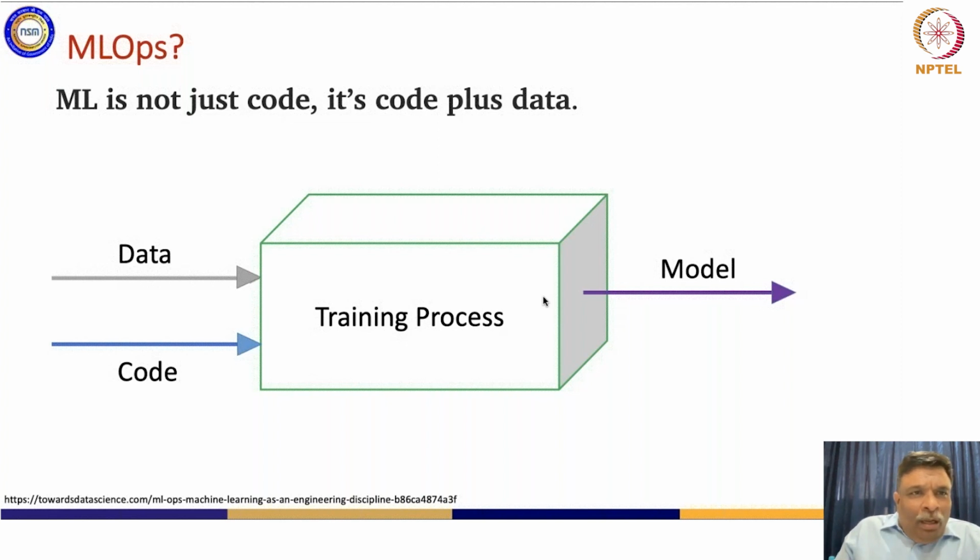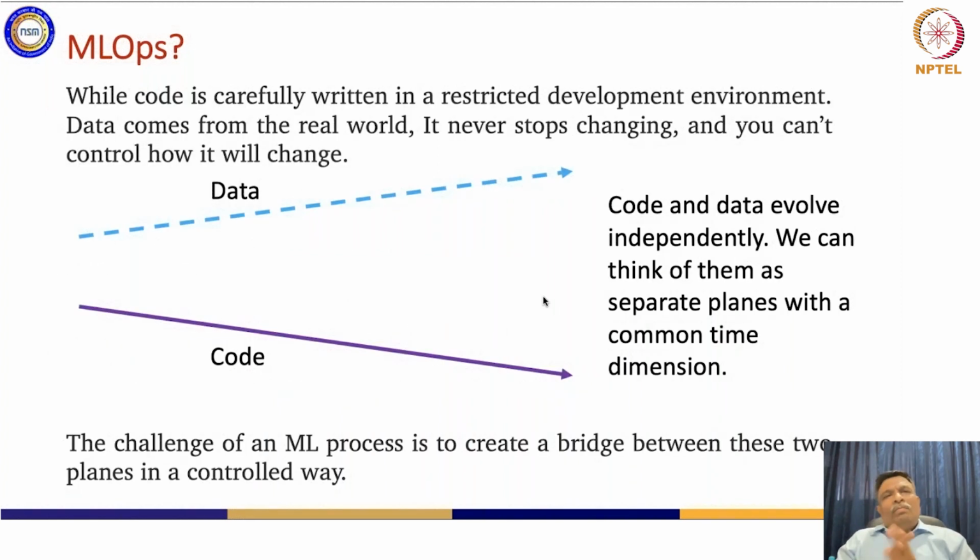So now let us go into a bit more detail as to when we say the data is there and the code is there. The code is carefully written in a restricted development environment, while data generally comes from the real world, right? Let us say you develop a model. You have written your code, created your model, created your software application.